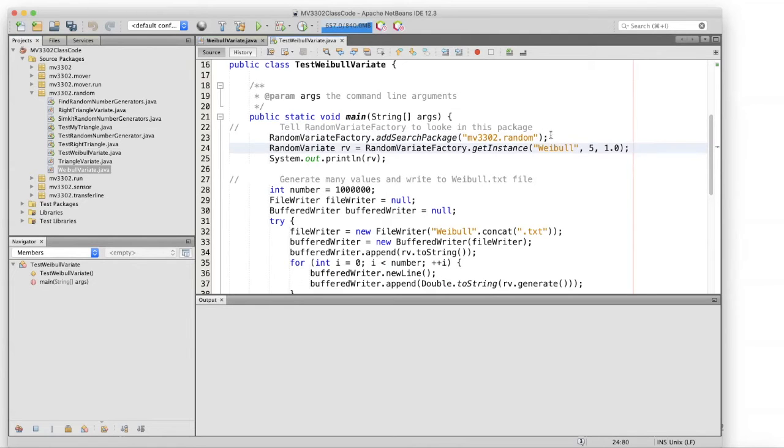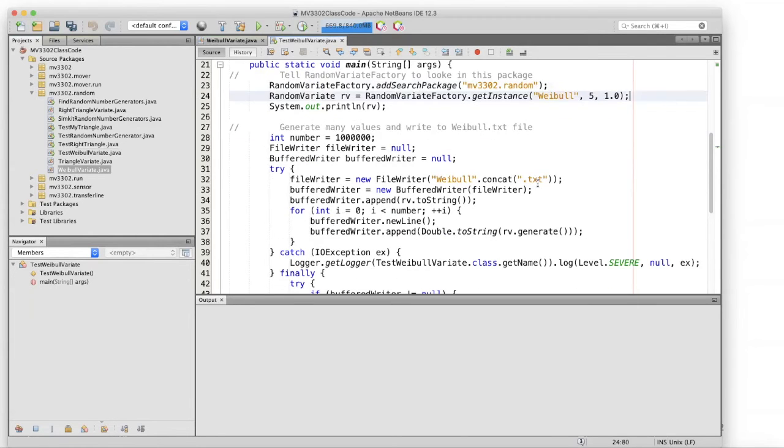Now here, just to illustrate, what I've done is I'm getting an instance with a shape parameter of 5 and a scale parameter of 1. I'm going to keep the scale parameter as 1 just for this purpose. And just as we did yesterday, I'm going to generate 1 million of them and write them to a file.